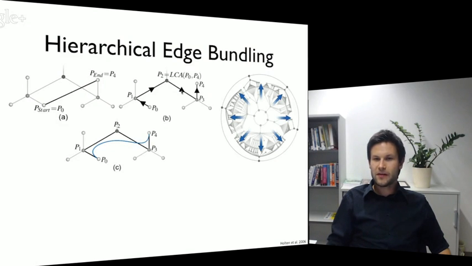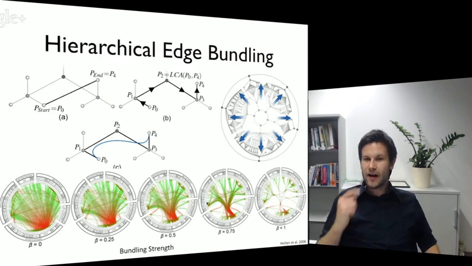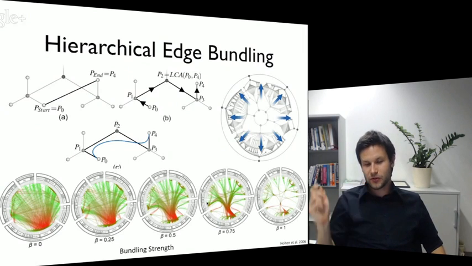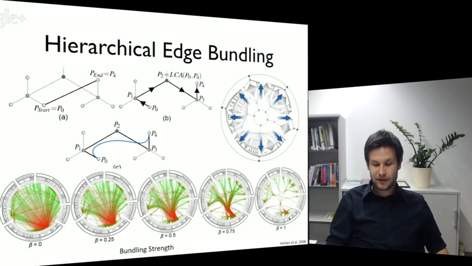If you follow the full path and you draw a line instead of straight lines, then you will end up with this bundled version. And this is called hierarchical edge bundling. It was proposed in 2006. And the cool thing is that you also have a factor where you can change the strength of the bundling. So here we have this factor is 0. There we have no bundling at all, and here we have one which has a really strong bundling.